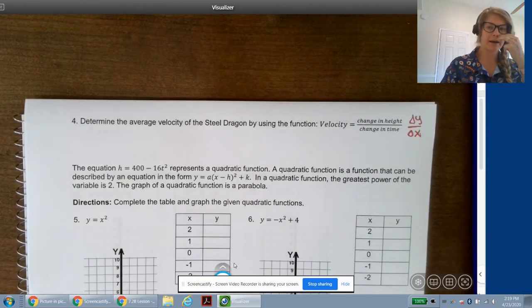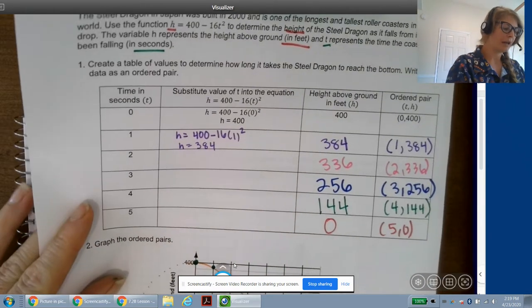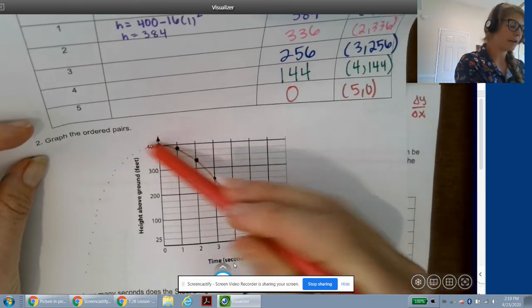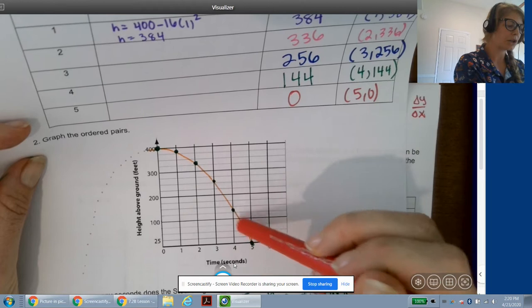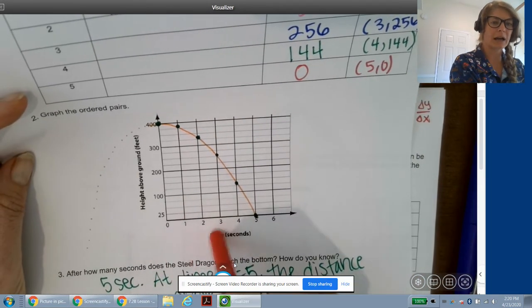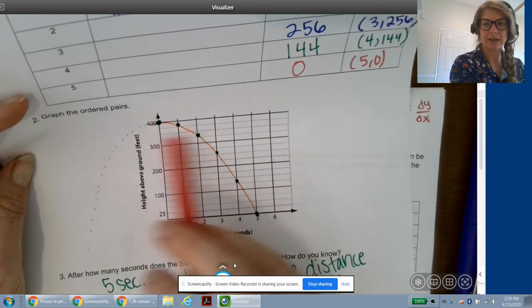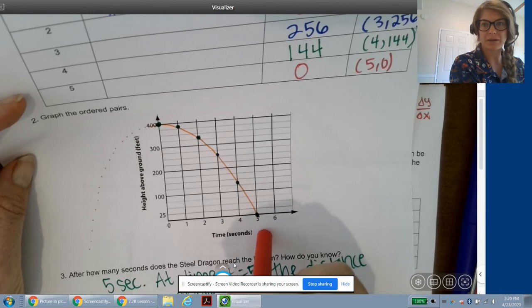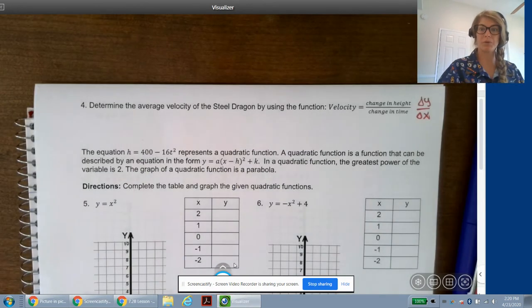So if we were finding the slope, what we're finding at each point of this curve is actually the velocity. And if we look at a first derivative of distance over time, we're going to get velocity, which is really cool.